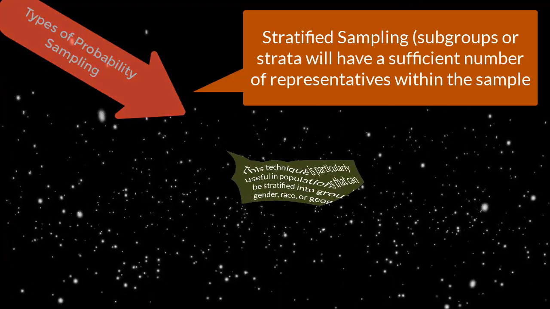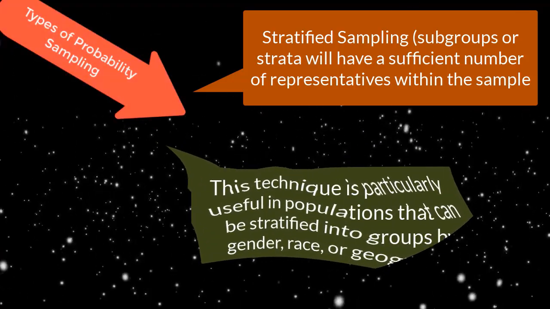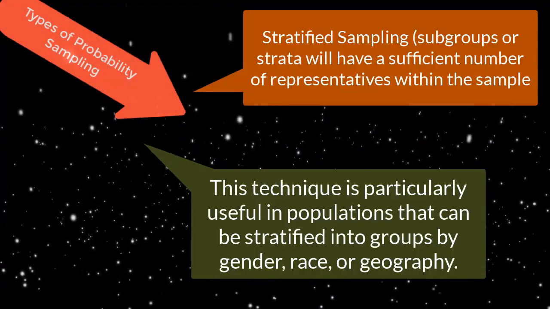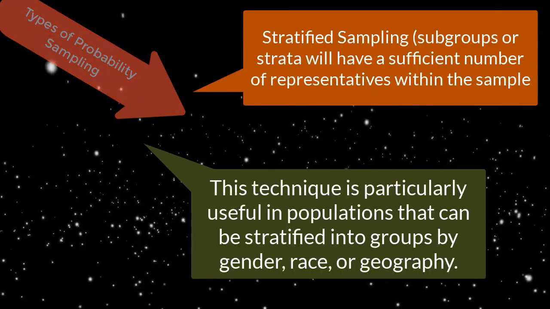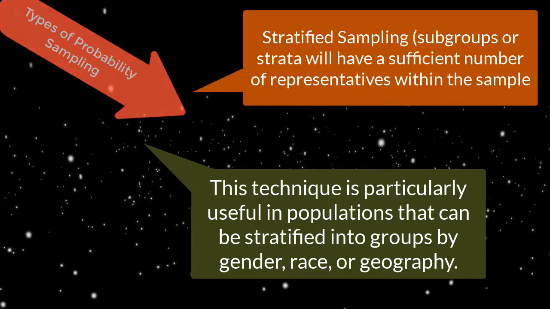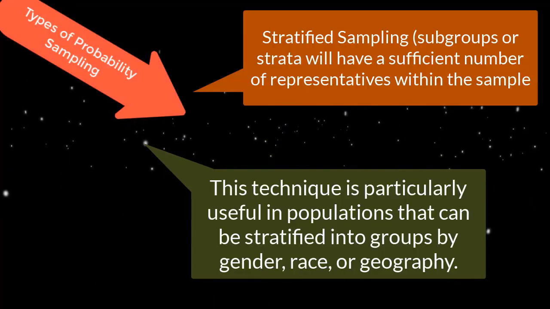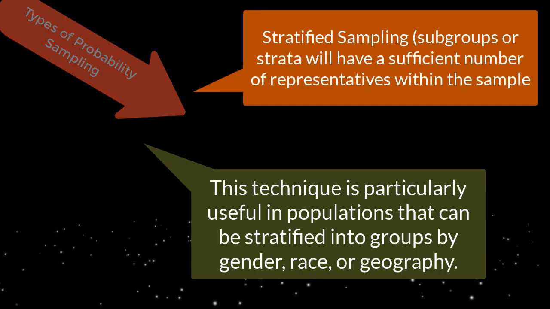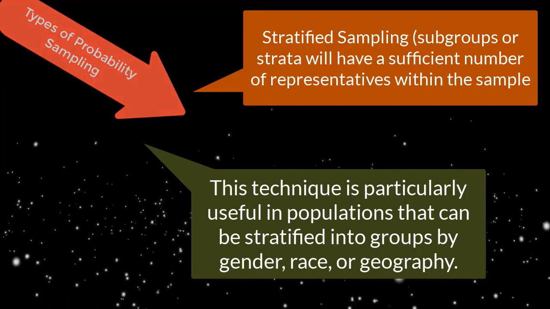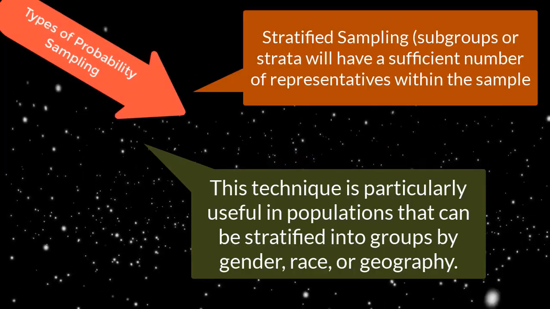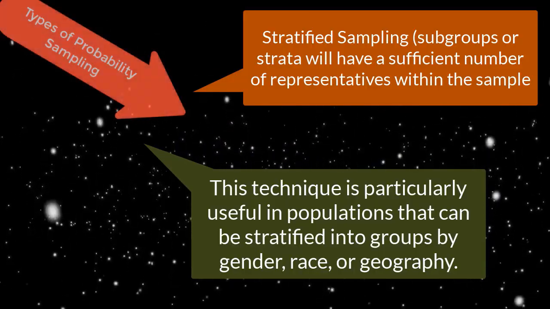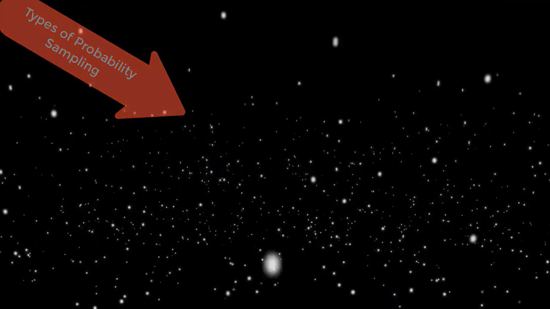Strata are designed so that members in each stratum are more homogeneous, that is, more similar to each other. The results are then grouped together to form the sample. This technique is particularly useful in populations that can be stratified into groups by gender, race, or geography.